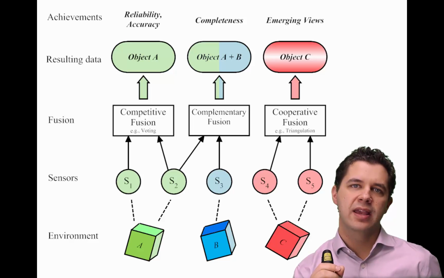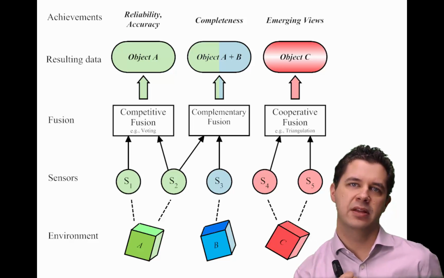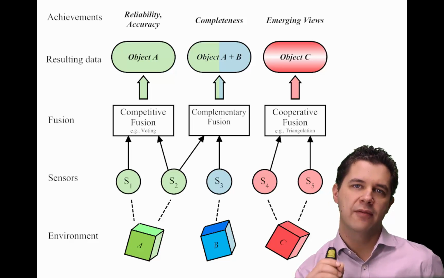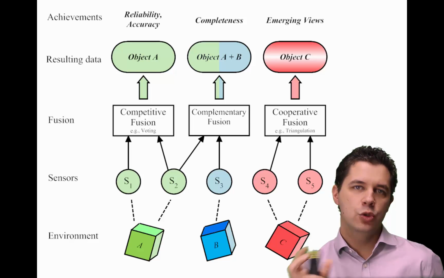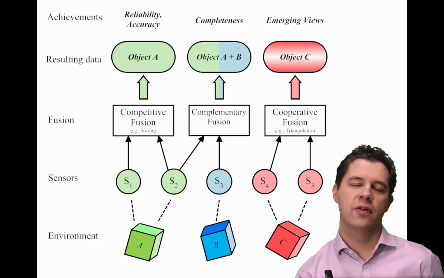Our next one is our complementary fusion, where we're looking to increase our completeness of what we understand about the environment. Here we have two different types of sensors. And these two different types of sensors will give us two different understandings of the environment. For example, we might use an ultrasonic sensor and a laser rangefinder.